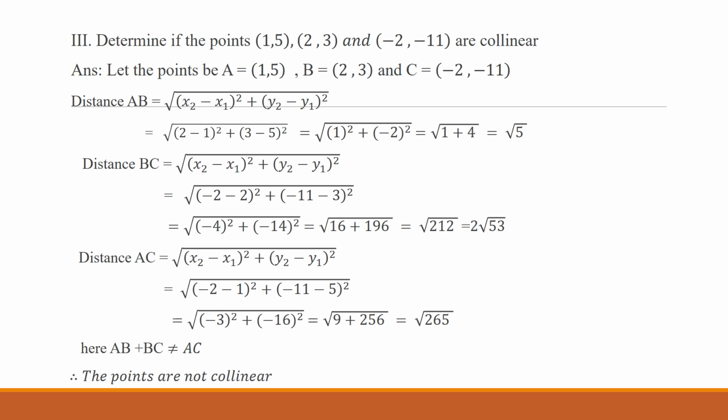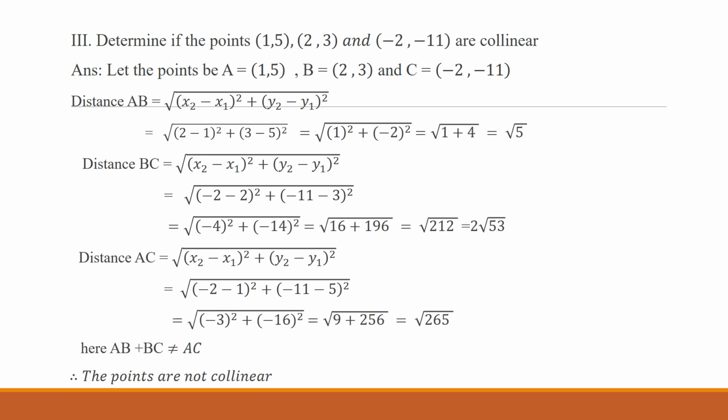So, distance AB is equal to square root of (2 minus 1) whole square plus (3 minus 5) whole square, which is equal to square root of 1 square plus negative 2 square, equal to square root of 1 plus 4, equal to root 5.